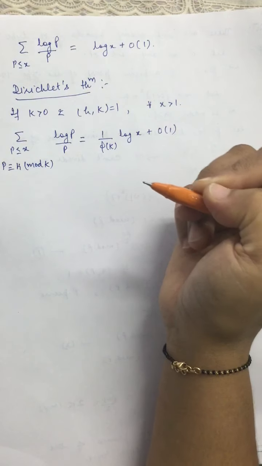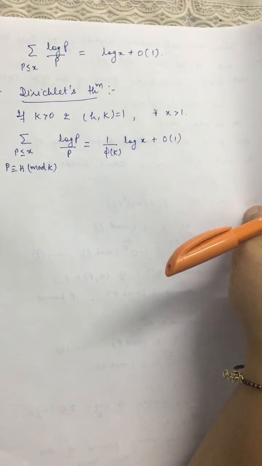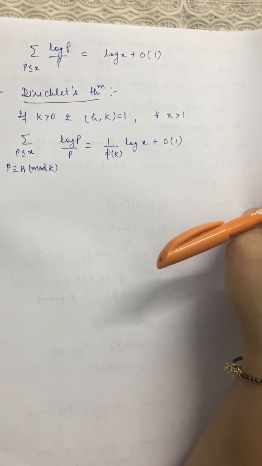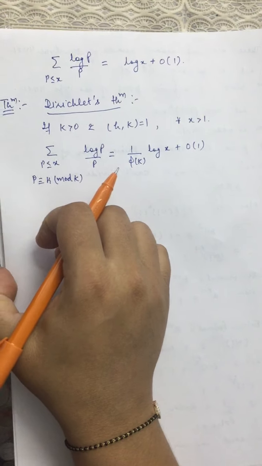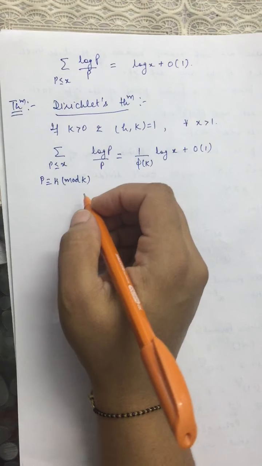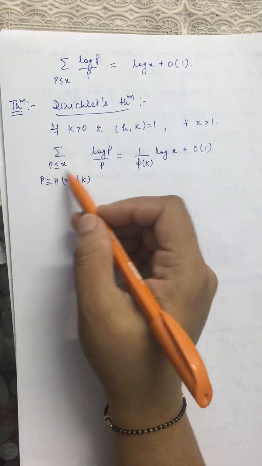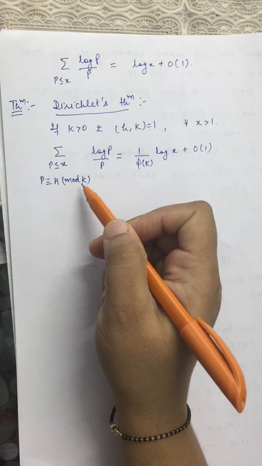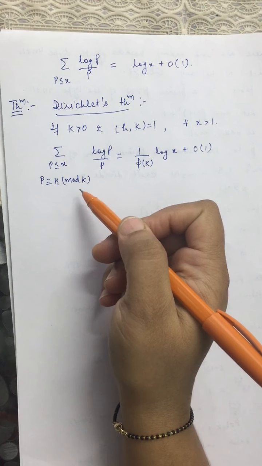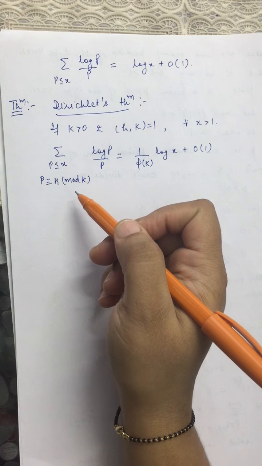Here phi k is Euler's phi function at k. So this sum is extended over all the primes less than or equal to x which are congruent to h mod k, meaning which are lying in the arithmetic progression kn plus h.